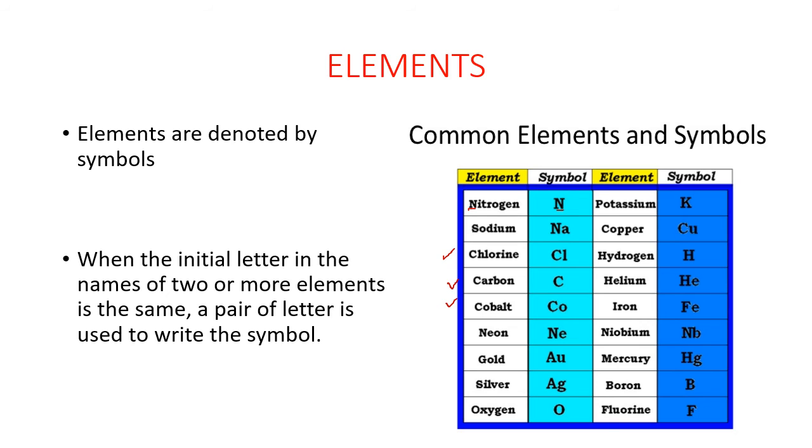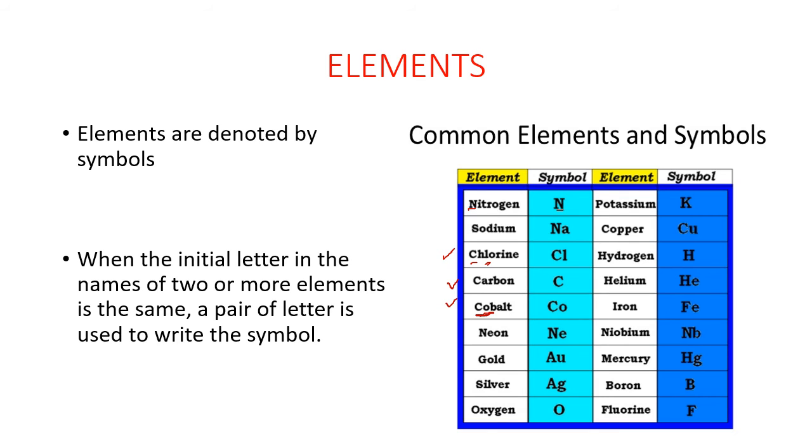But in chlorine, if we take only the first letter, then chlorine, carbon, and cobalt all three have the same letter C. So how will we identify? In such a case, we add one more letter to it, either the second letter or the third letter. In chlorine, they have taken the first and the third letter, whereas in carbon they have taken only one, and in cobalt, they have taken the first and the second both.